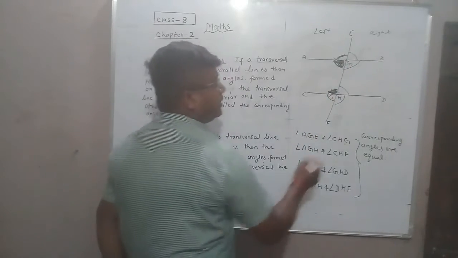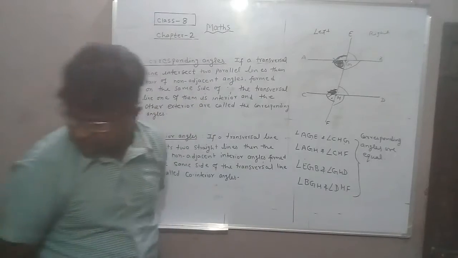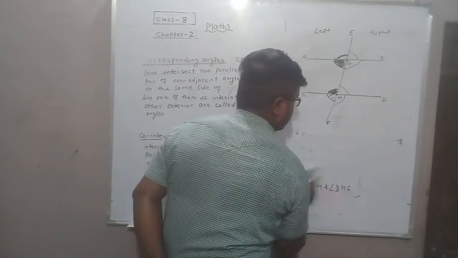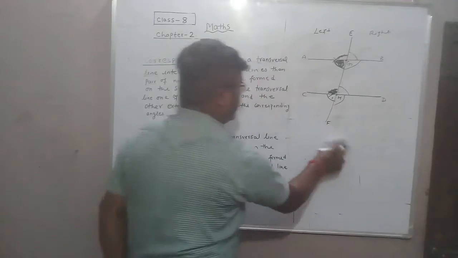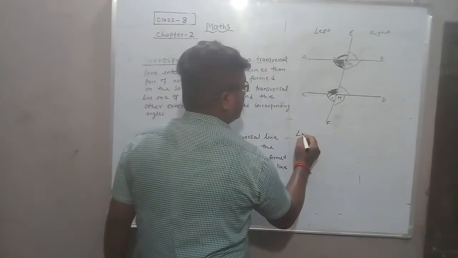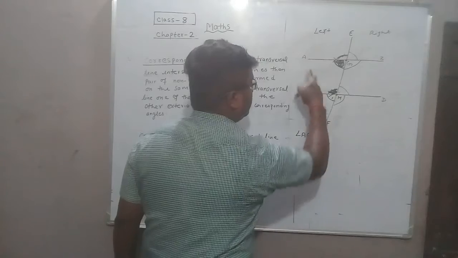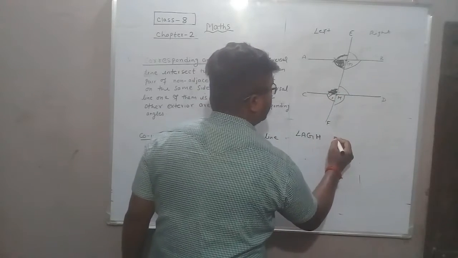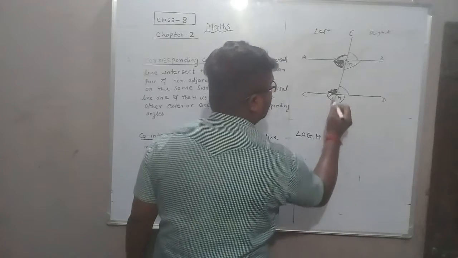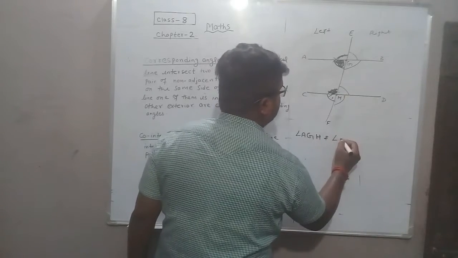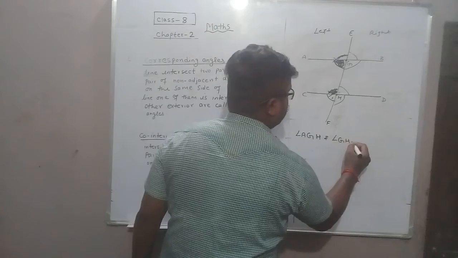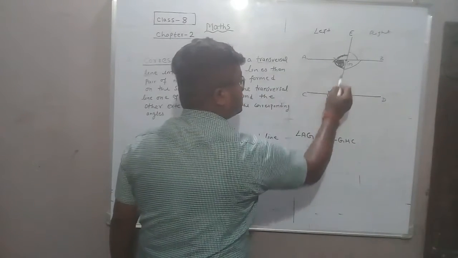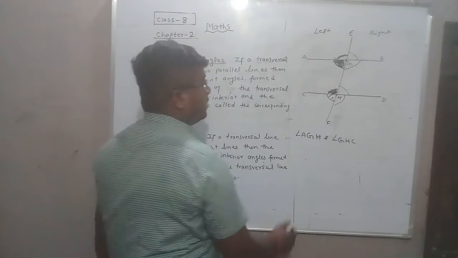If you need to write the name for your co-interior angles, your angle AGH and your angle GHC, AGH and GHC are co-interior angles.